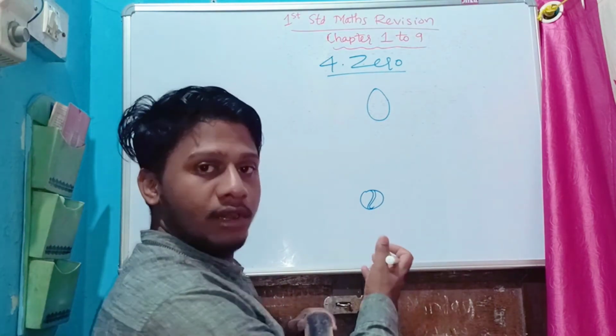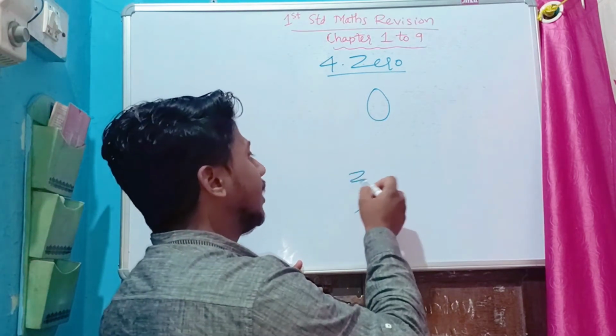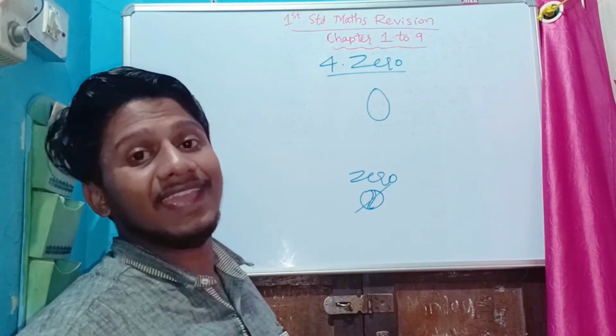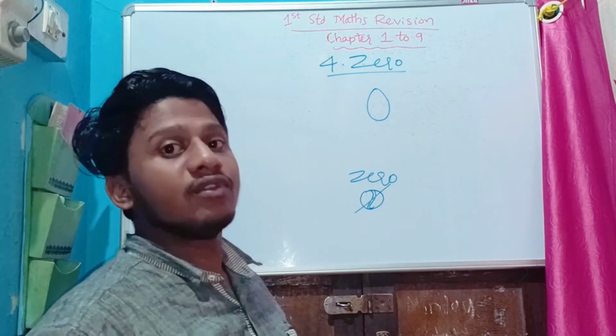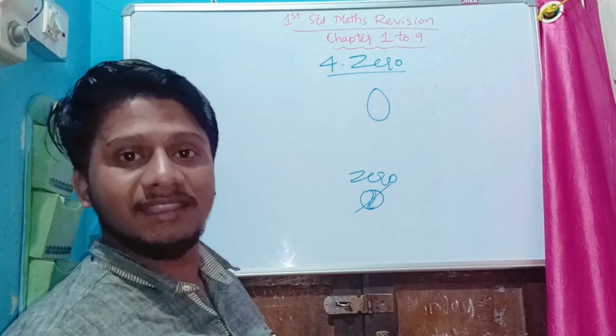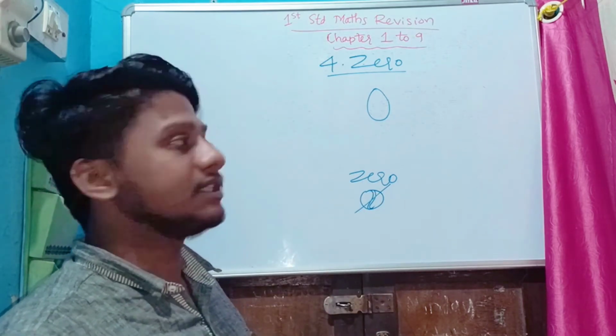You had a ball, you lost it, so it means you have 0 with you. You don't have anything. That refers to 0. So only this thing you should remember in this chapter: 0 means nothing, you don't have anything, no value. Clear with it?